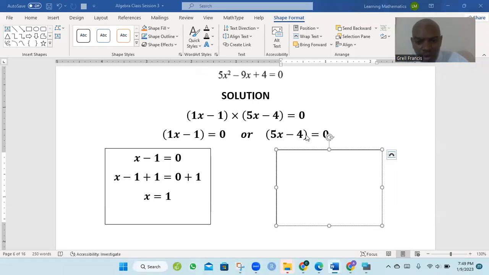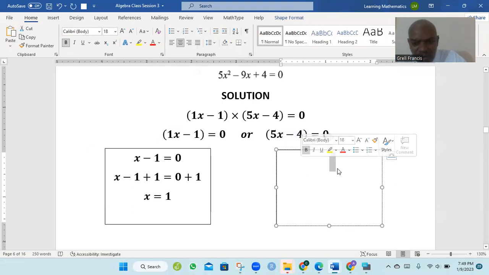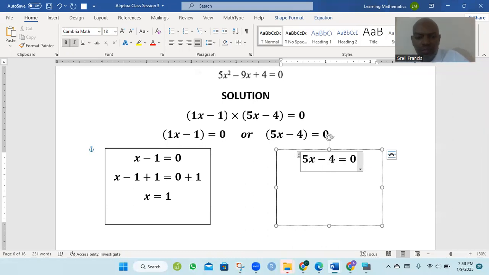And for the other solution, we're going to use the 5x minus 4. So write down 5x minus 4 equals 0. And then we're going to solve for x. First, we're going to cancel out the negative 4.